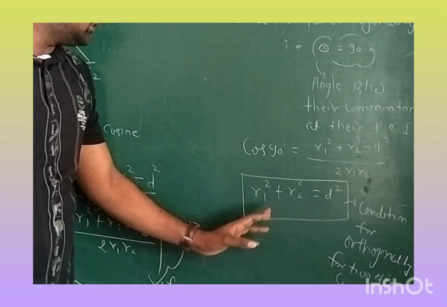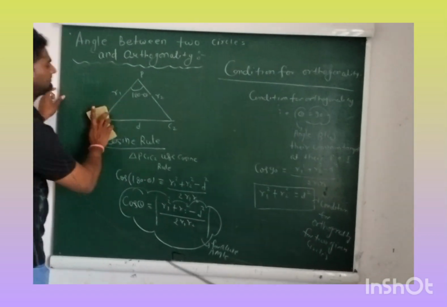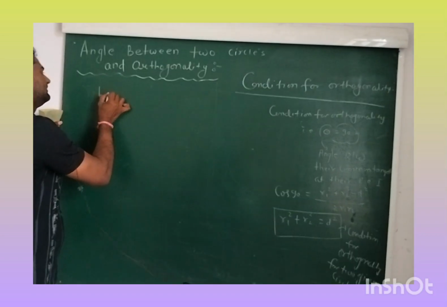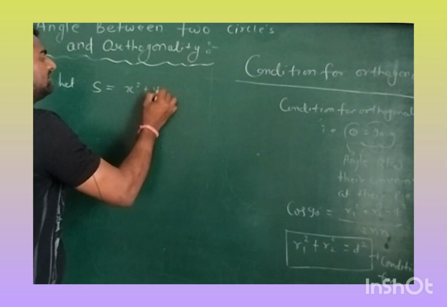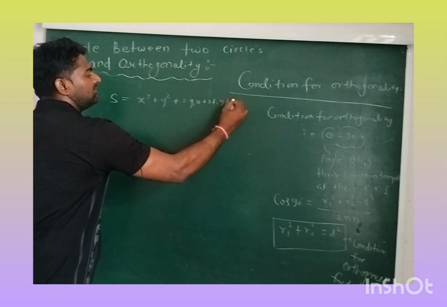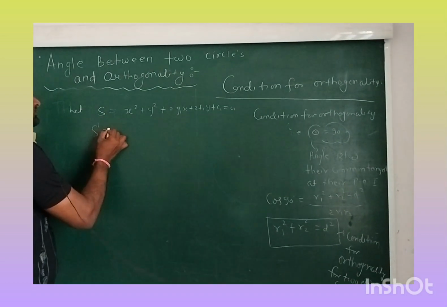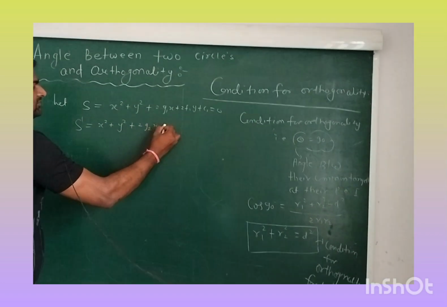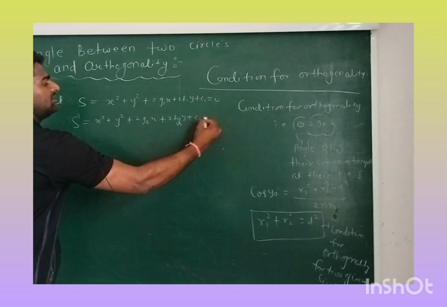Okay, now we find the relation between coefficients. Consider two circles. We assume the first circle S is x square plus y square plus 2 g1 x plus 2 f1 y plus c1 equals 0. This is S. Now the second circle we assume S dash, that is x square plus y square plus 2 g2 x plus 2 f2 y plus c2 equals 0.